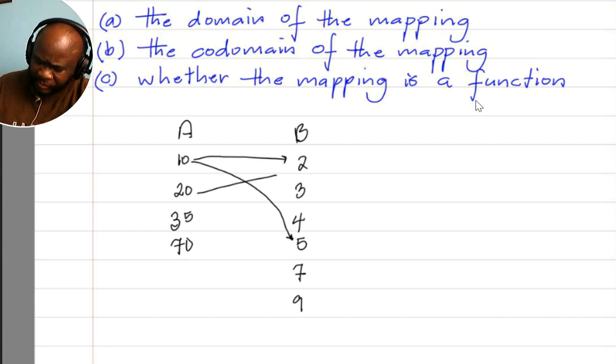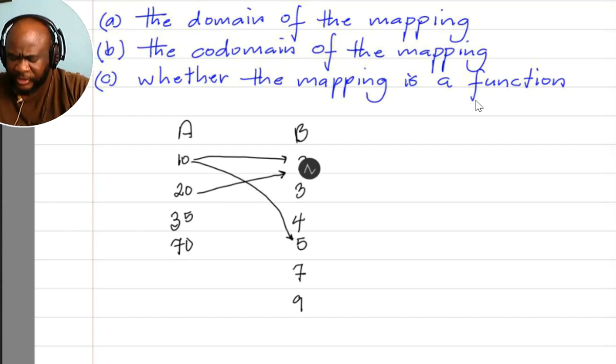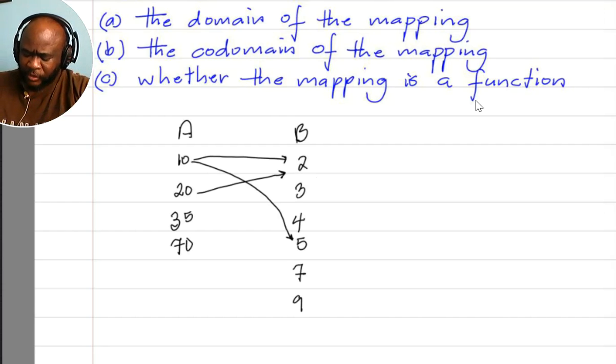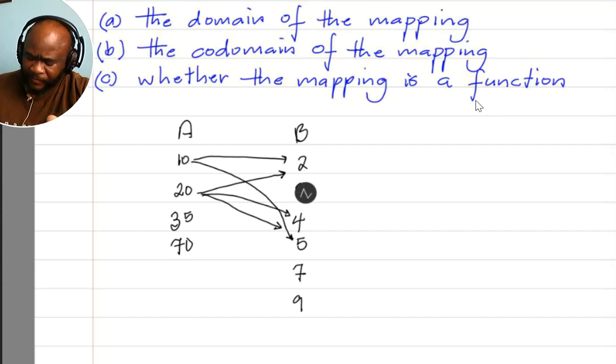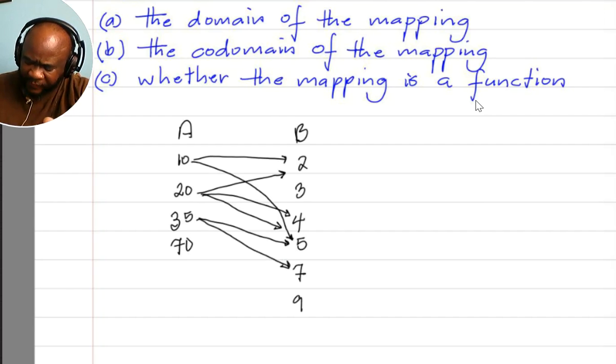20 would be mapped to 2, and essentially 10 is a multiple of what? 2, and it's also a multiple of 5. 2 and 5 can go into 10 without leaving a remainder. 2, 4, and 5 are multiples of 20. 5 and 7 are multiples of 35.